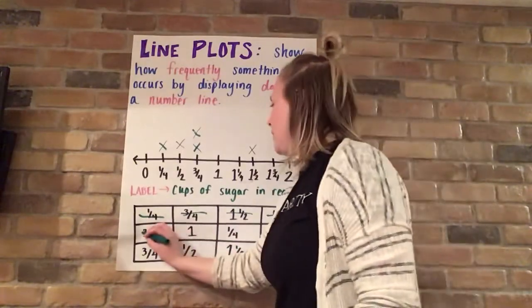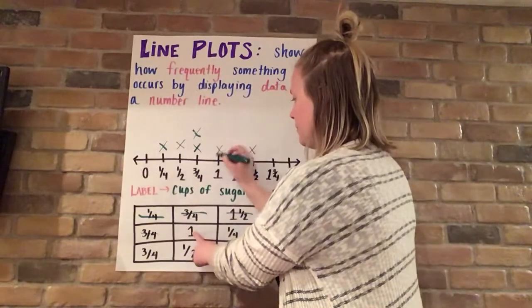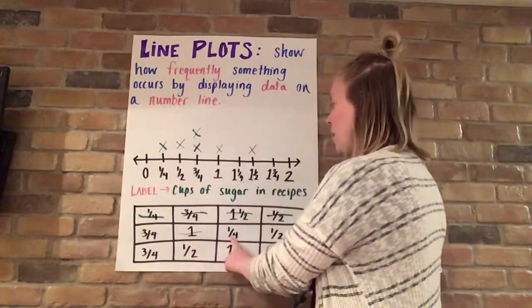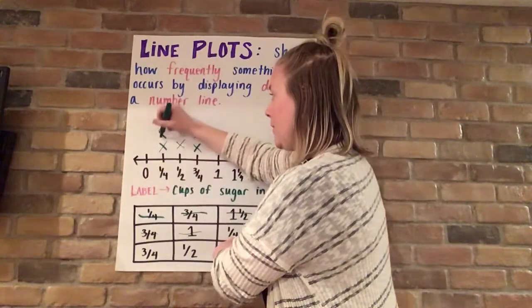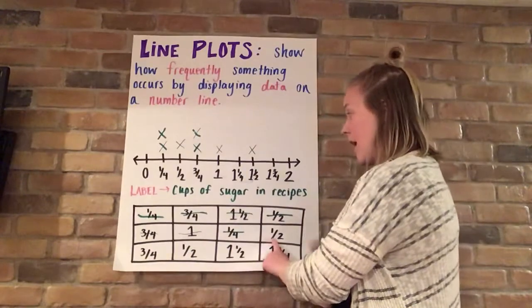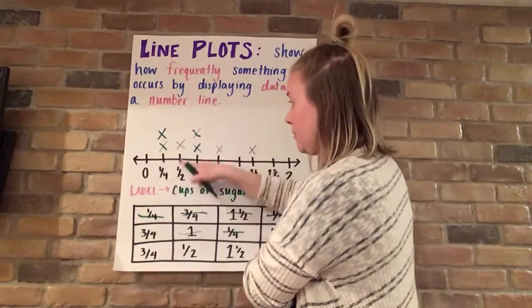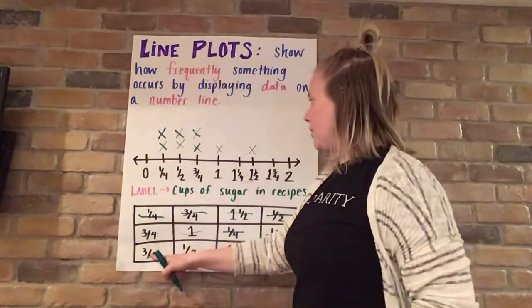He uses 1 cup, so I'm going to find the 1 cup. There it is, and there's one already there. So I'm going to go up above it and plot another X. 1/2 a cup. Okay, there's one there. I'm going to plot another one. 3/4 a cup.